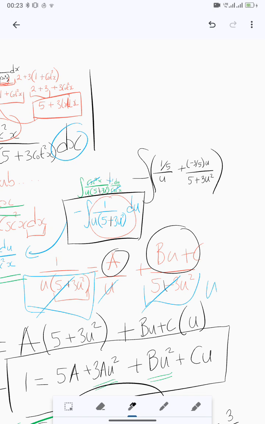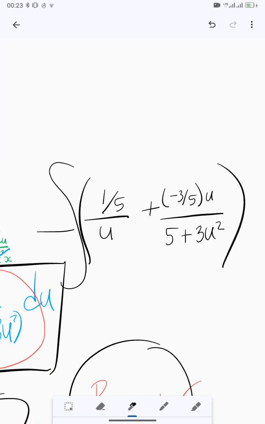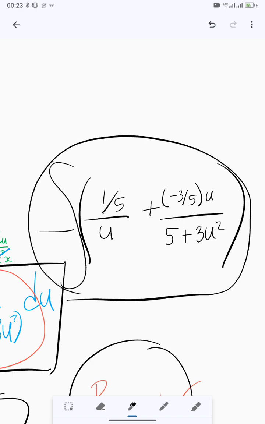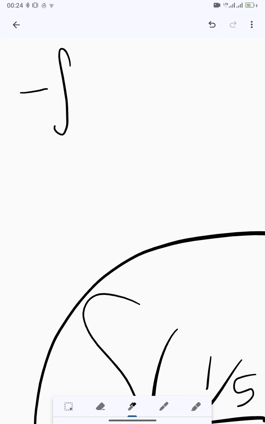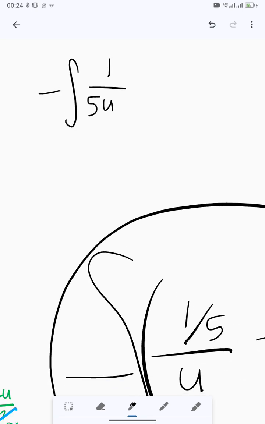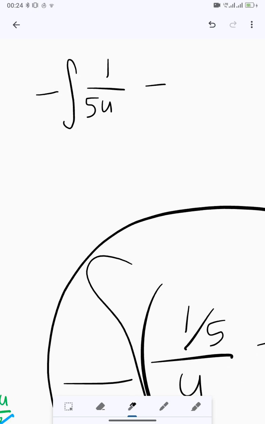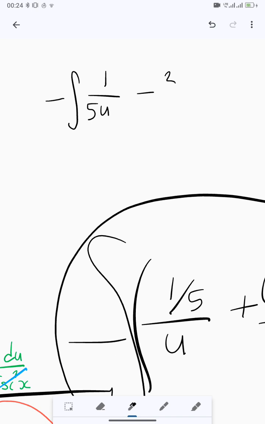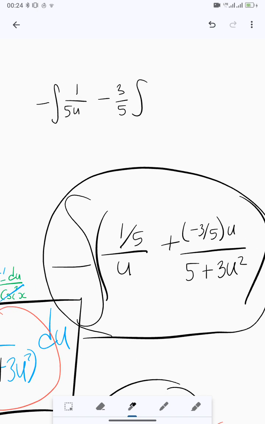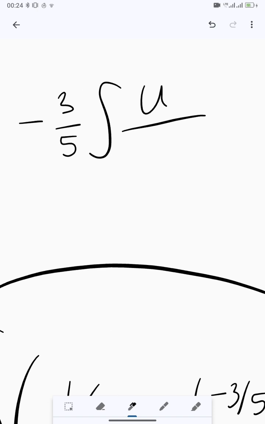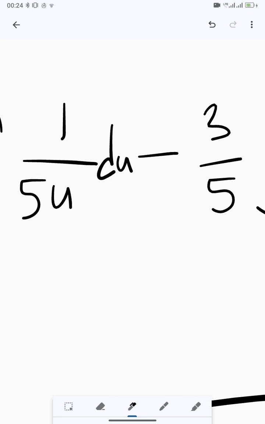Now I think maybe I can rewrite this in a simpler form. This 1 over 5 will be simply negative the integral of 1 over 5u. Then maybe let me take 3 over 5 out also, and then I'll be left with u over 5 plus 3u squared, with du here and also du here.